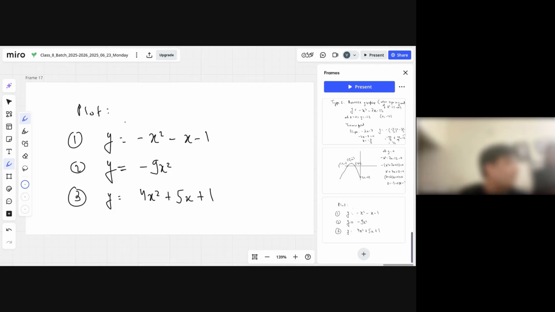Second one is wrong, and you are not the only one, although it's the easiest graph. Good. Third one. Yeah.